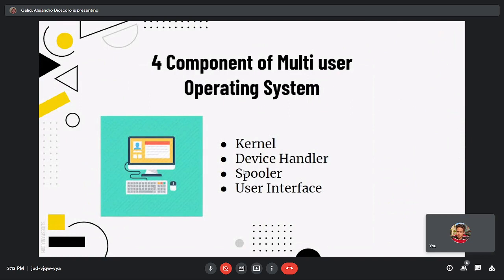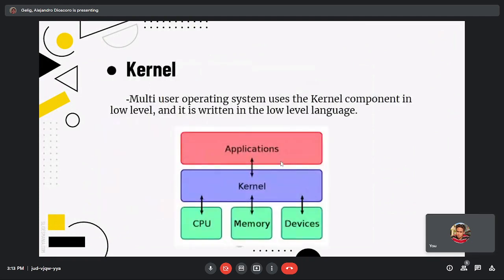So there are four components of a multi-user operating system: the kernel, device handler, spooler, and user interface. First one, the multi-user operating system uses the kernel component at the low level and it is written in a low level language.